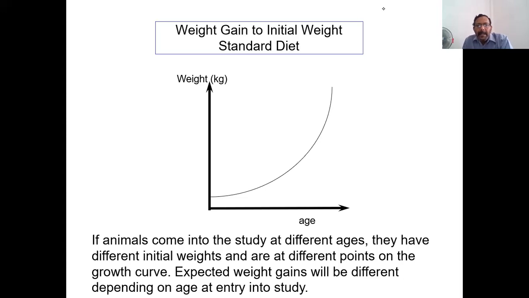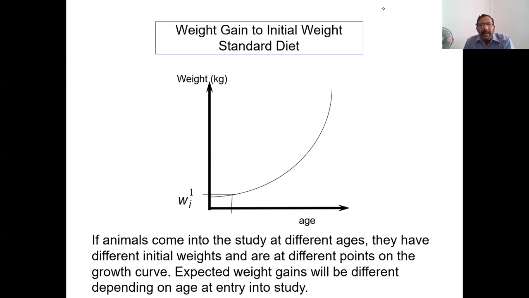If animals come into the study at different stages, different ages, for example, the ages may be defined in months. They have different initial weights. If they are coming at different ages, usually they have different weights. We can assume that. And they are at different points on the growth curve. Expected weight gains will be different depending on the age at entry.